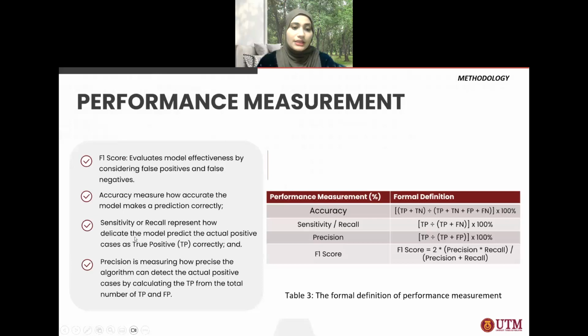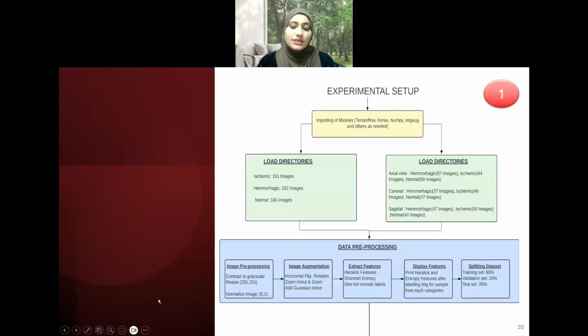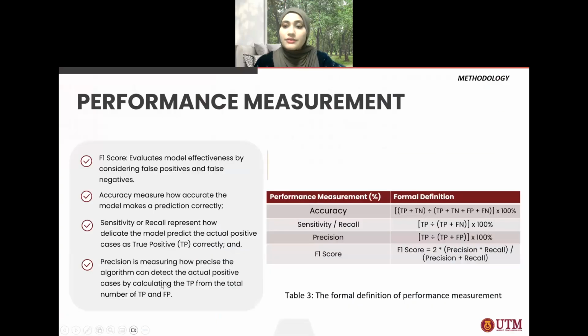Sensitivity or recall represents how well the model predicts. Precision measures how precisely the algorithm can detect the actual positive cases, by calculating the true positives out of the total of true positives and false positives. So this is the formulation of our performance measurement.